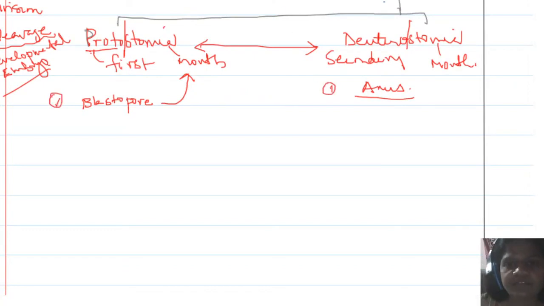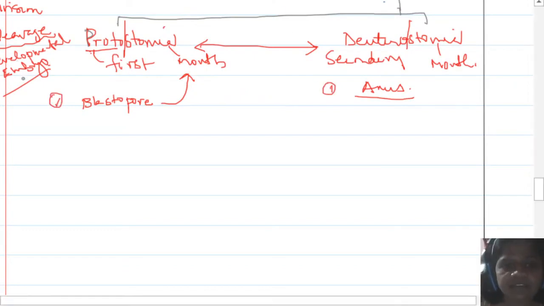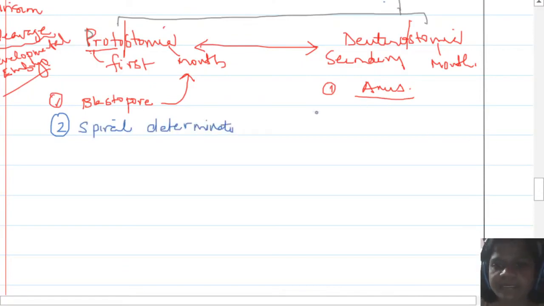Now the second one, because we are looking at the developmental embryo, we can also say that here the cleavage is spiral and determinate. Here it is radial and indeterminate.